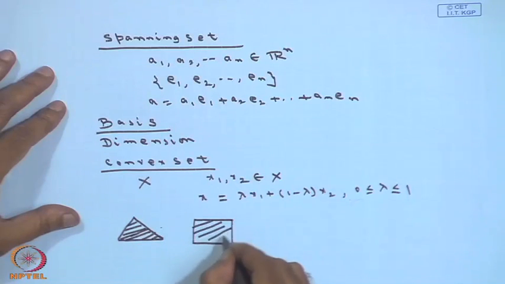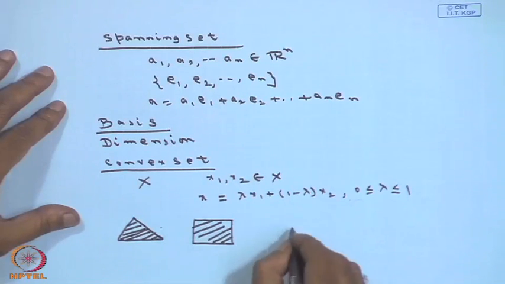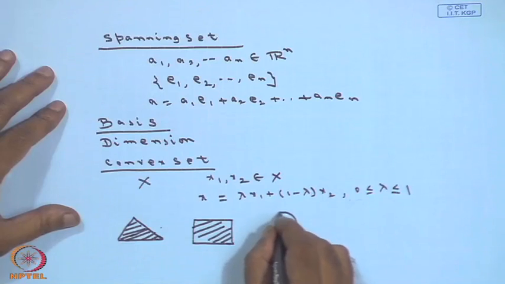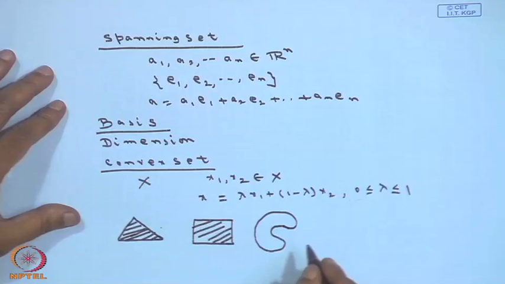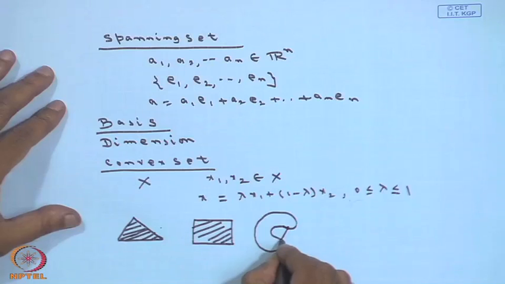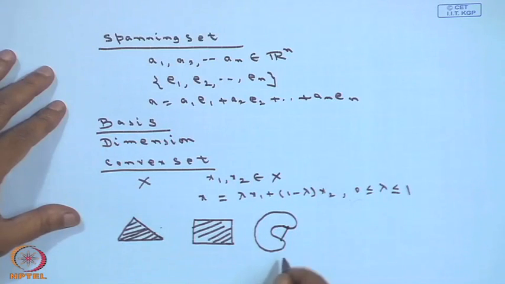But suppose I take a figure like this; this is not a convex set, because if I take a point here and a point here and join them, the line segment does not lie in the set. Therefore, this is not a convex set.